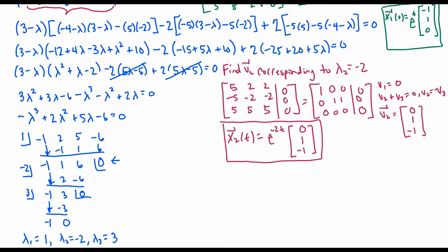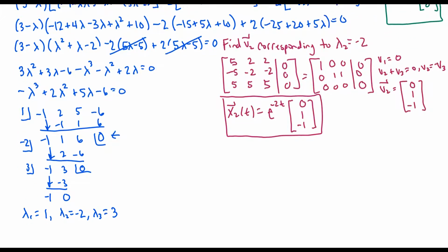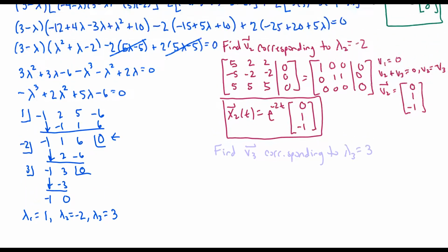Okay, 2 down, 1 to go, same procedure. Next, we're going to find eigenvector V sub 3 corresponding to eigenvalue lambda sub 3 equal to 3. And we're going to set it up in an efficient way.